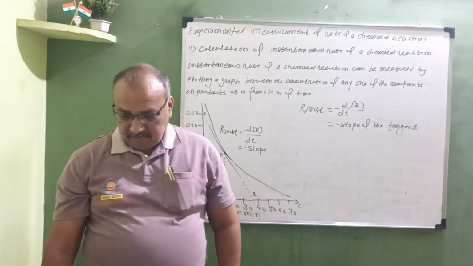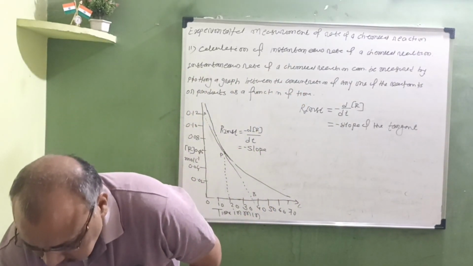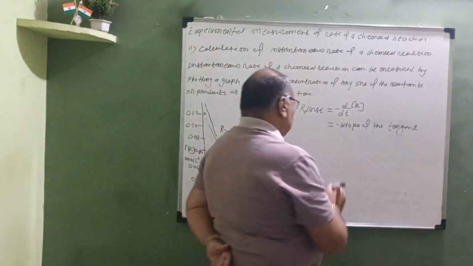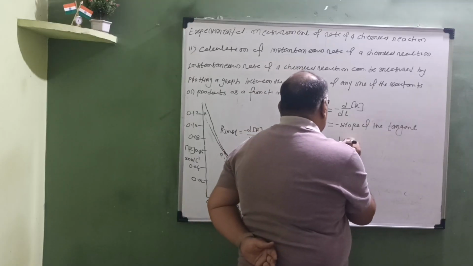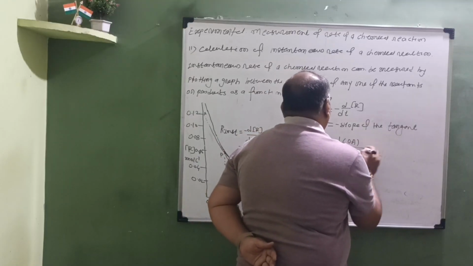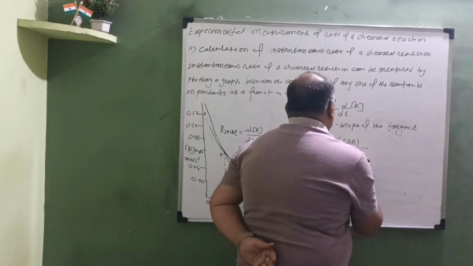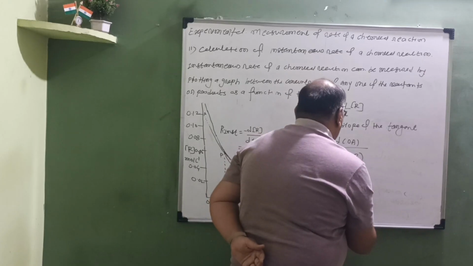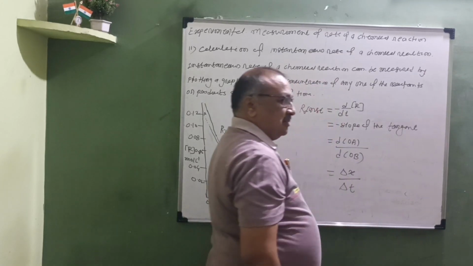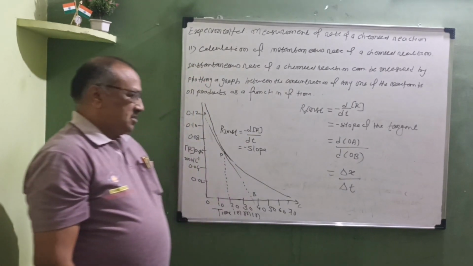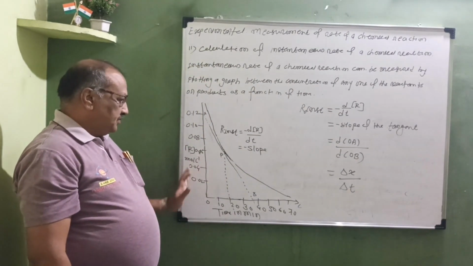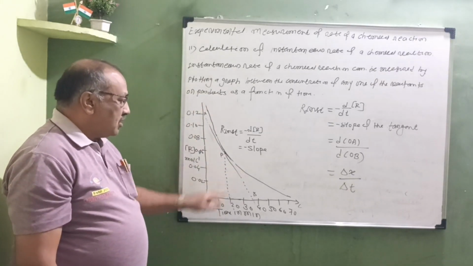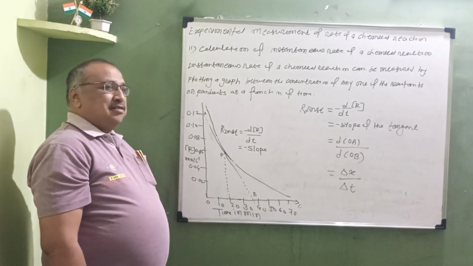That means here distance OA upon distance OB, that means delta x upon delta t. Now in this case, concentration of reactant goes on decreasing with increase in time.